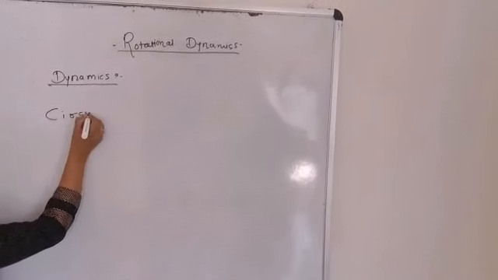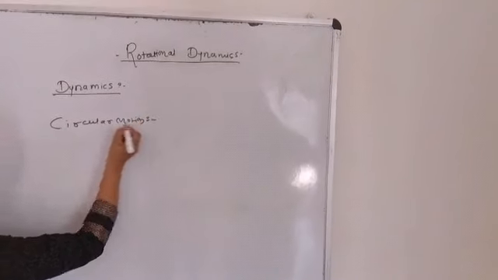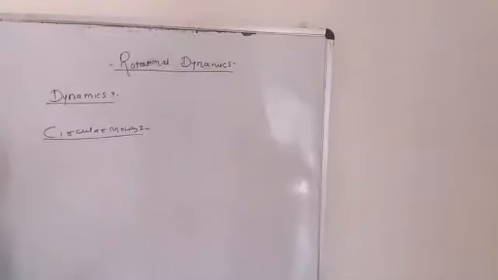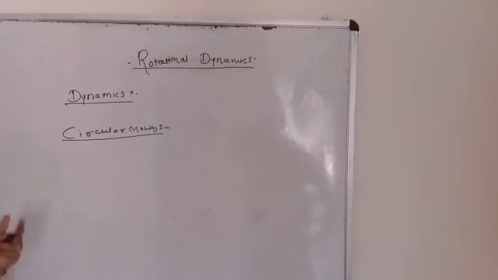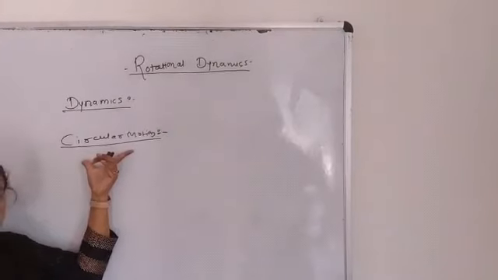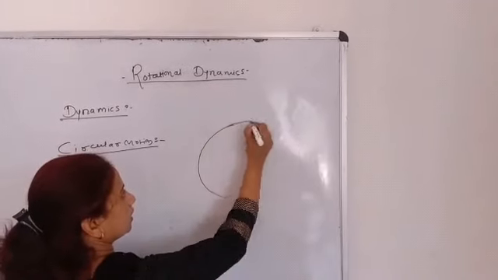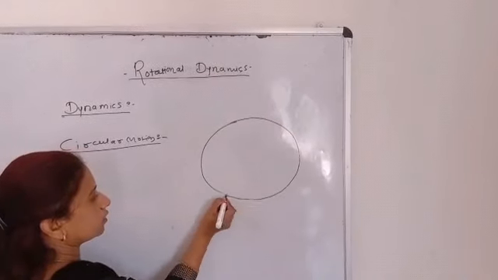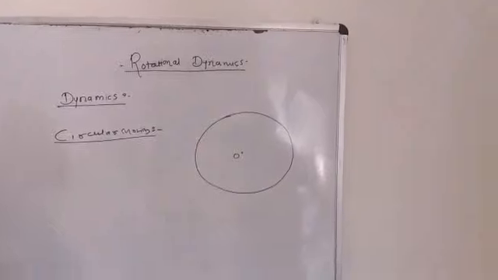Now, what do you mean by circular motion? We will see first circular motion. For example, here I will draw the circle. This is the center of a circle.